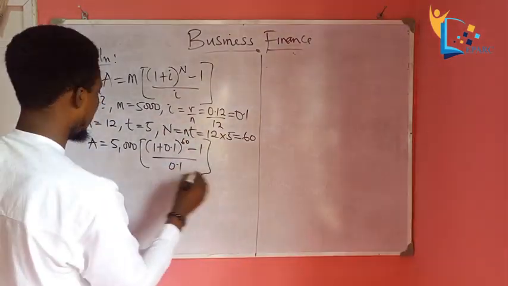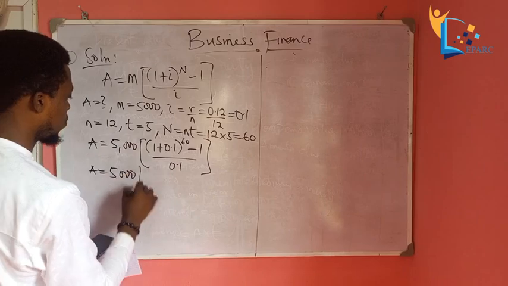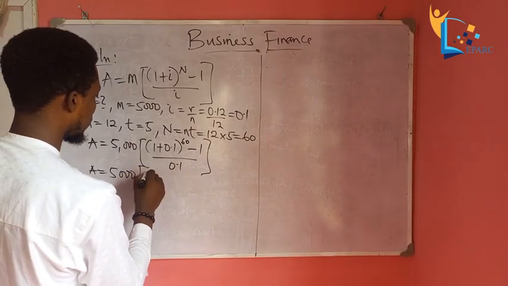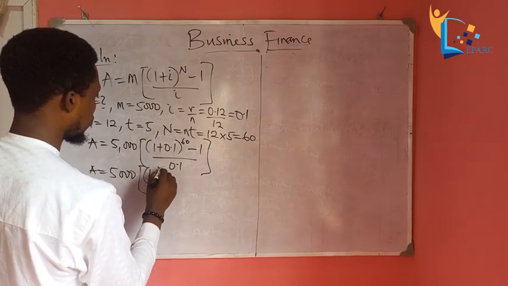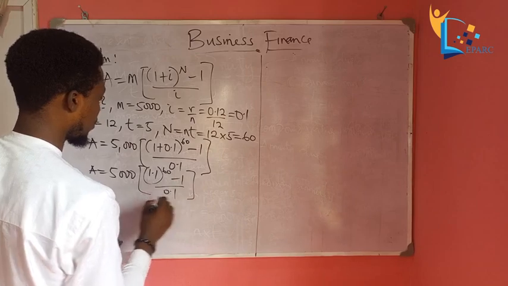I is 0.1, okay? Then A is equal to 5,000, open brackets, 1 plus this will give us 1.1, raised to power 60 minus 1, all over 0.1, okay?